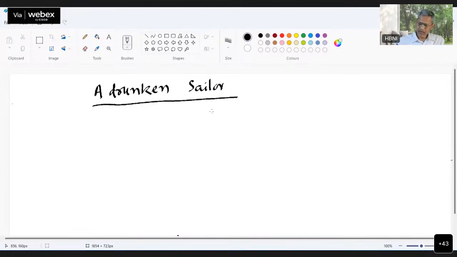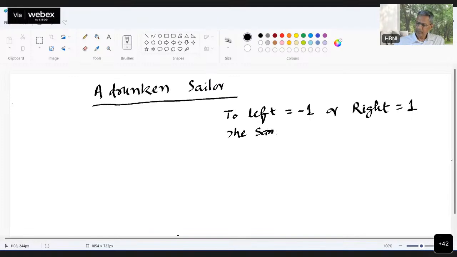If that is the case, let us say when he moves to the left, he goes by -1, some unit of distance. Or if he goes to the right, he moves +1. So the sample space for this experiment is x: -1 and +1.